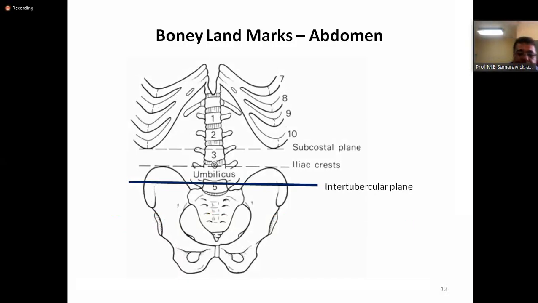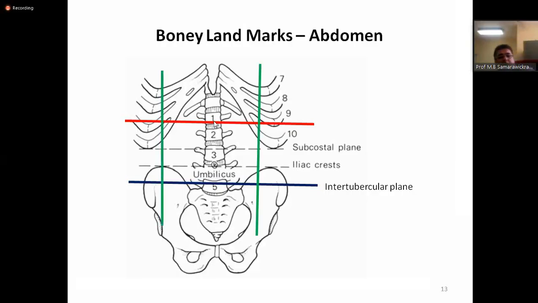Right. So this is how you divide your anterior abdominal wall into 9 regions. There you can see there are 2 transverse planes. One is the intertubercular plane, which passes below the intercristal plane, right? That passes between the anterior superior iliac spines, so it lies at the level of the L5 vertebra.